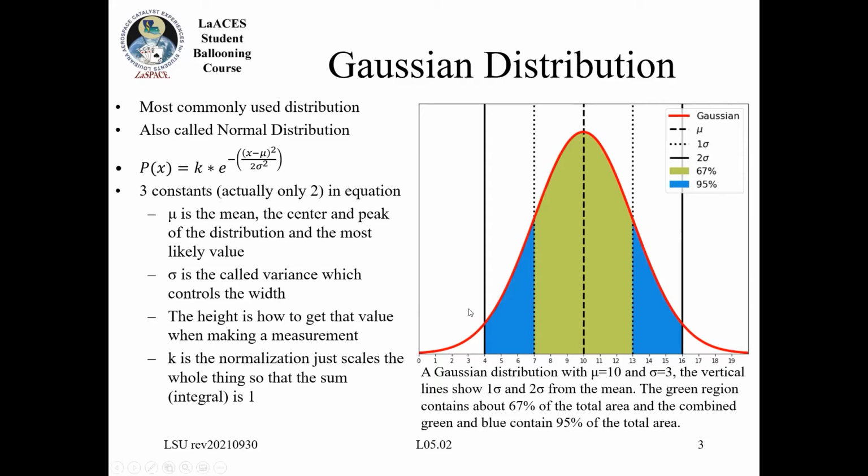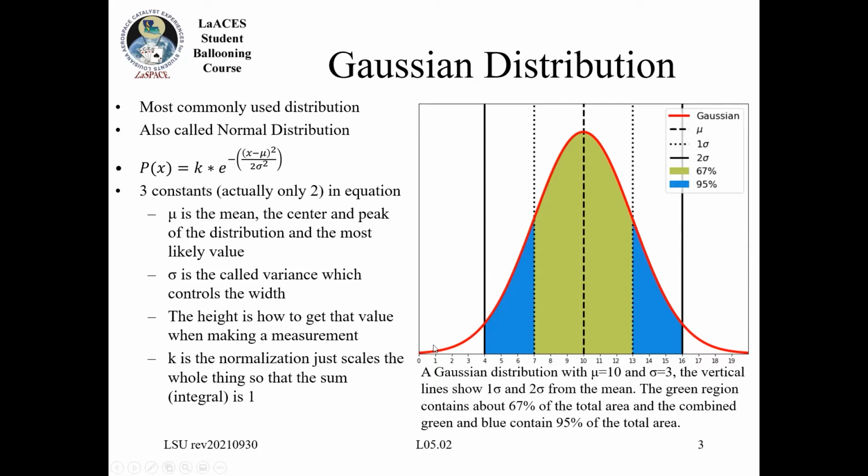Like I said, the height at any particular value, the P of x, is just how likely we are to get that value. And the constant K out in front is what you call a normalization, right?